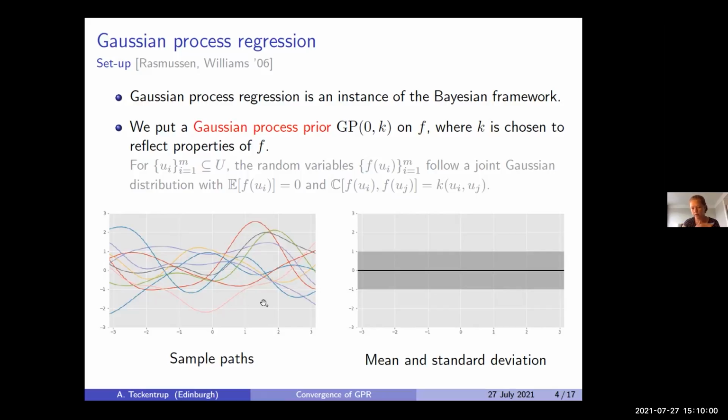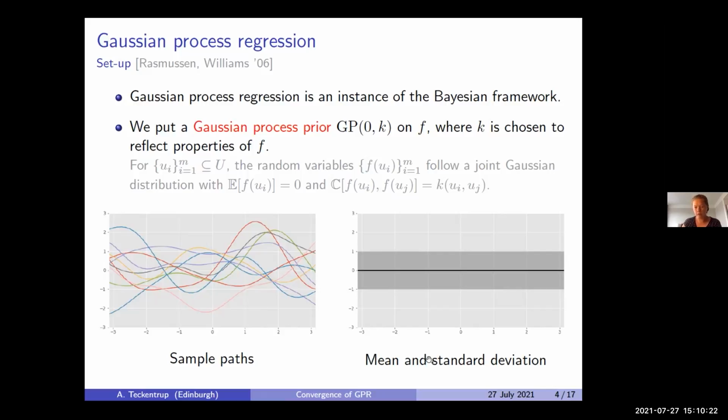So they stay close to the mean, and then they fluctuate around the mean, where the size of the fluctuations is proportional to the standard deviation that you've chosen. Okay? So under this Gaussian process prior, your f looks something like this. And as I said, it's just a probability distribution on functions.